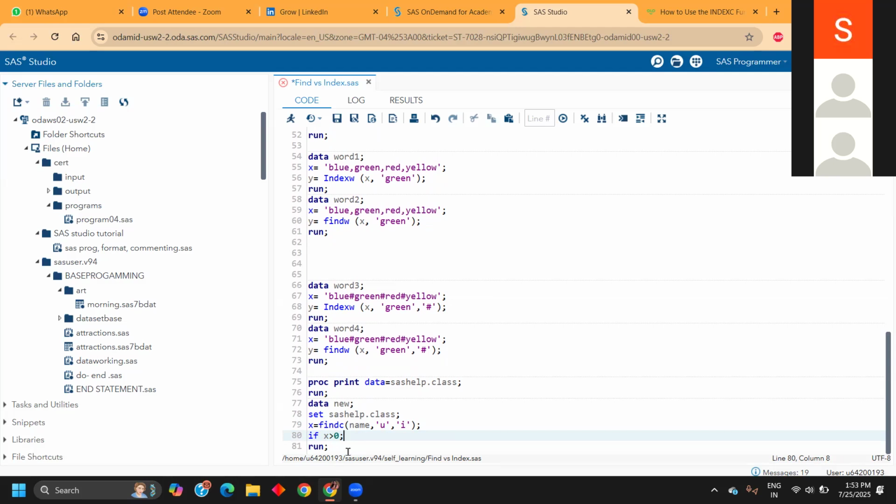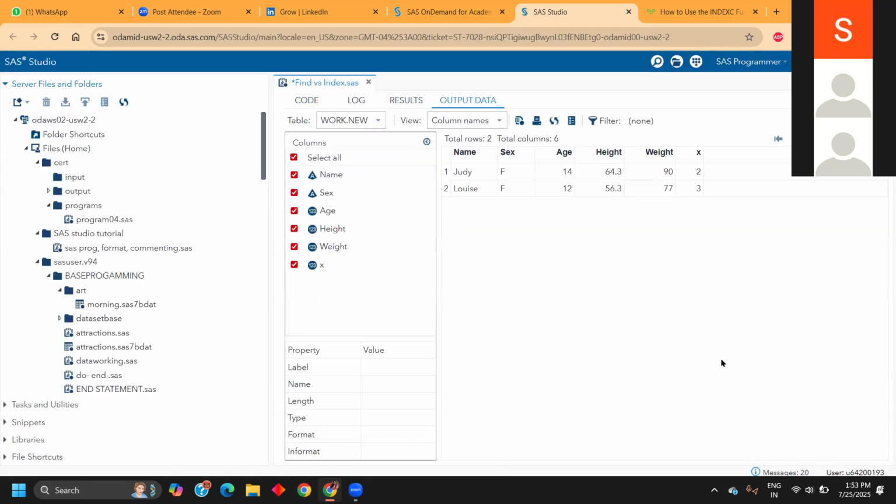There are a number of ways, ma'am. The first way, before we tried all these, we created X equal to find C, and then we mentioned if X greater than 0, right? This and this column I want to see.